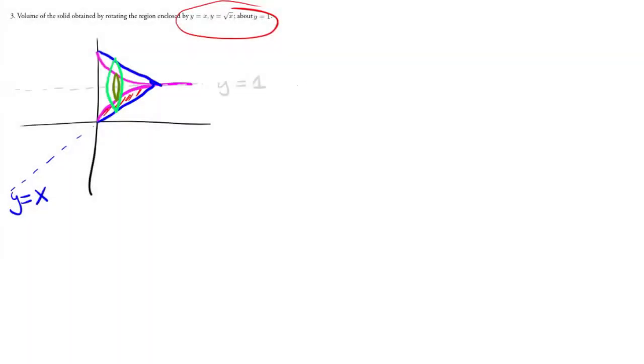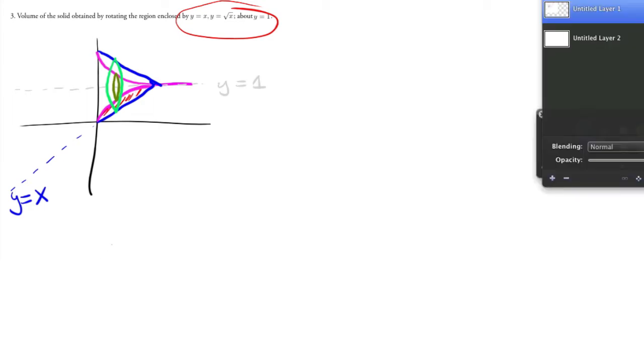So let me just blow this up over here. So this is my washer. And so let me just kind of fill this in. So that's what this guy looks like.